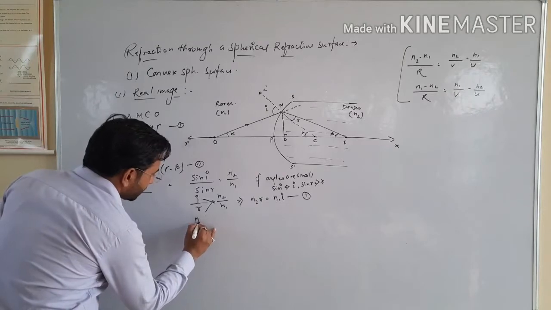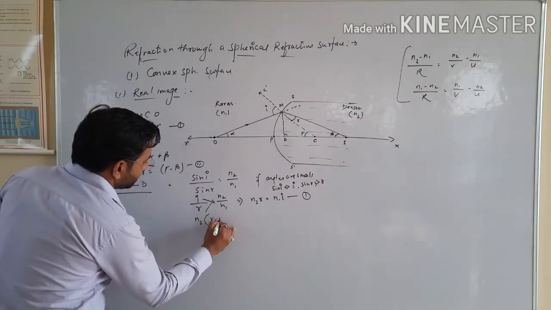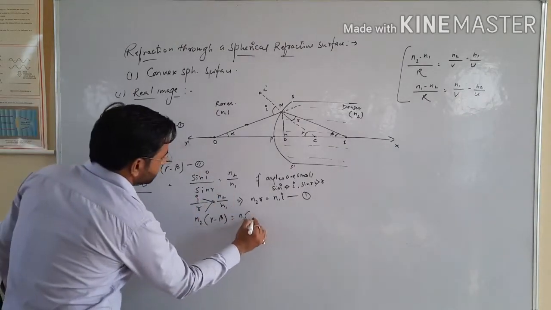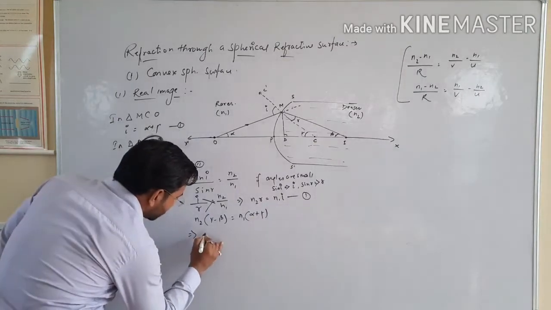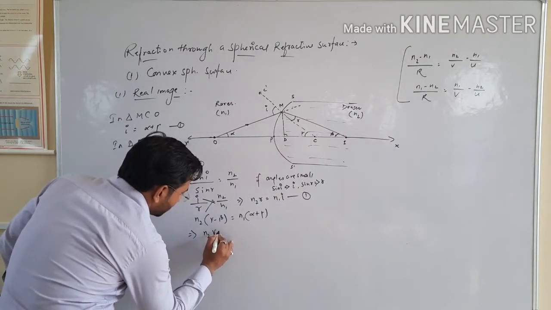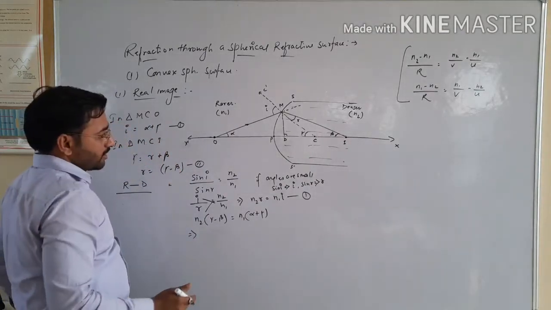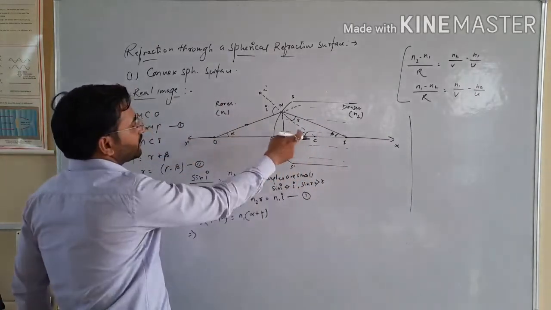So see student, N2 R is our gamma minus beta, and N1 I is our alpha plus gamma. So for that I will write this relation N2 gamma, or you can write this in this way. See here student, from the diagram you can see alpha, beta, gamma.